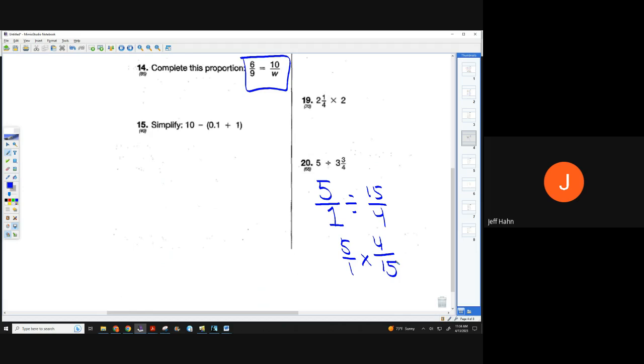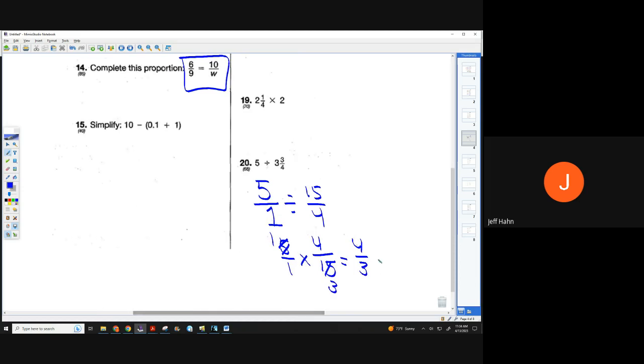Cross cancel. You could just multiply and get 20 over 15, but it's easier if you say, oh, 5 and 15 can be divided by the same number, which is 5. And then you end up with 4/3. Unfortunately, 4/3 is not the right answer because it's improper. You need to see how many times 3 goes into 4. As a mixed number, it's 1 1/3.